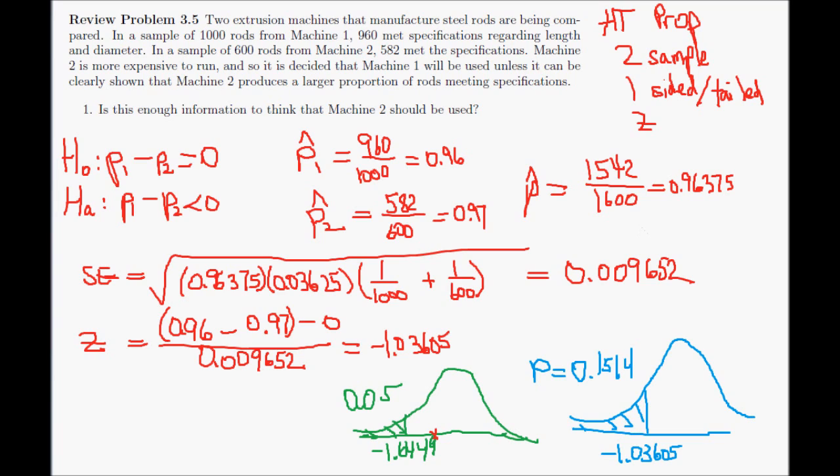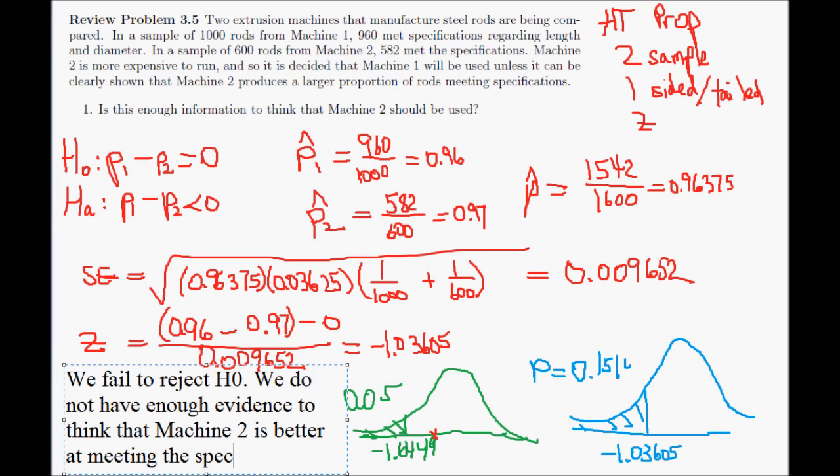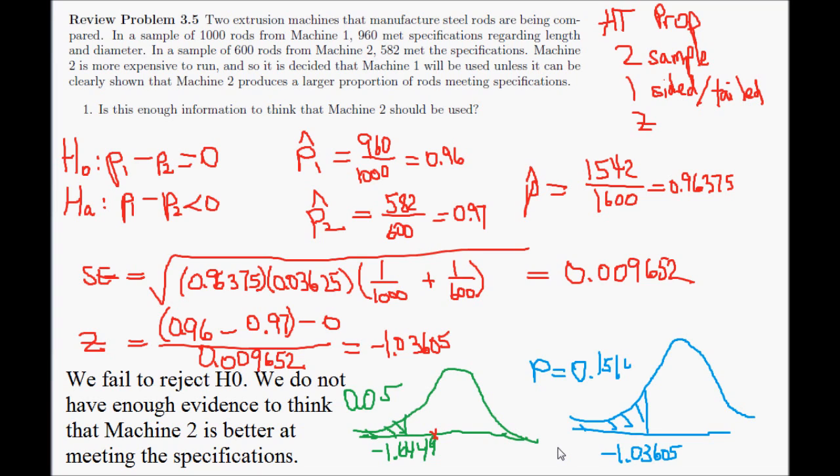That is bigger than alpha, and so our decision will be, again, to fail to reject the null hypothesis. We do not have enough evidence to think that machine 2 is better at meeting the specifications. And so that is the first part of the problem.